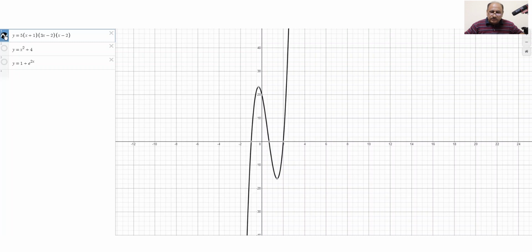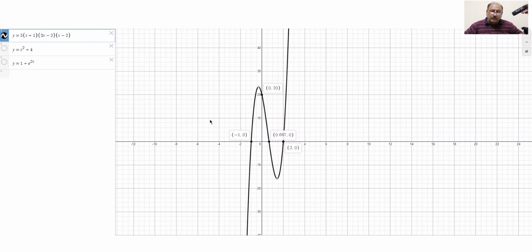If I activate this graph, you can see the point minus 1 and 0, the y-intercept is 20, and we also have the maximum and minimum points, but they are not required, so I'm deactivating them. The x-intercepts are 2, 0.667 and minus 1.